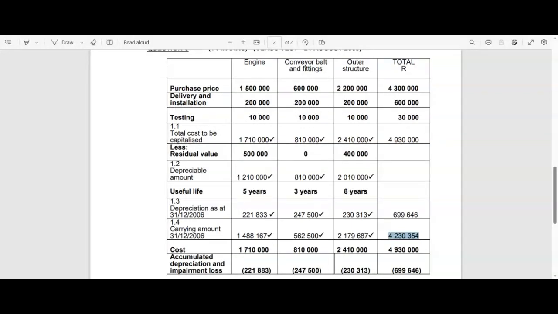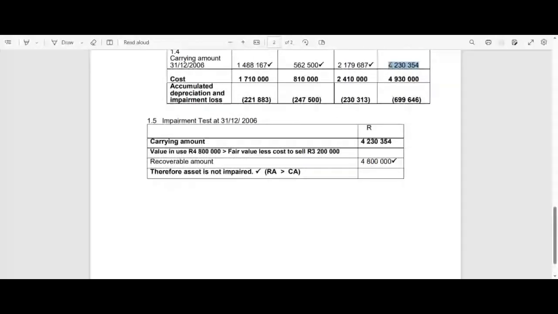The others are now a little bit quieter, but I'm sure you are following with great focus. Right, so there we can now go and see. They say the carrying amount, there we go, 4,230,000, and it was copied over to that little table there. And the value in use of 4,800,000 is larger than the fair value less cost to sell.